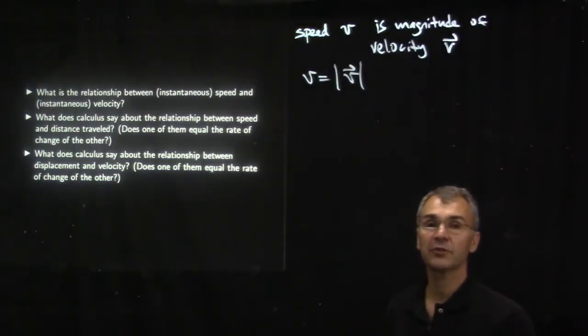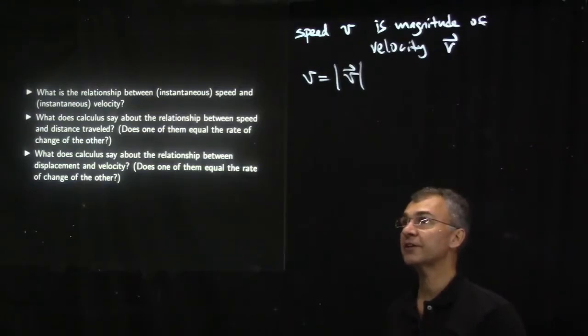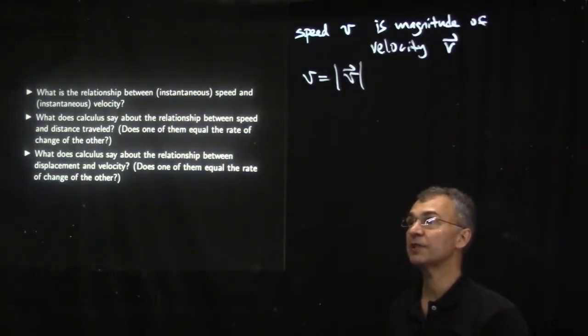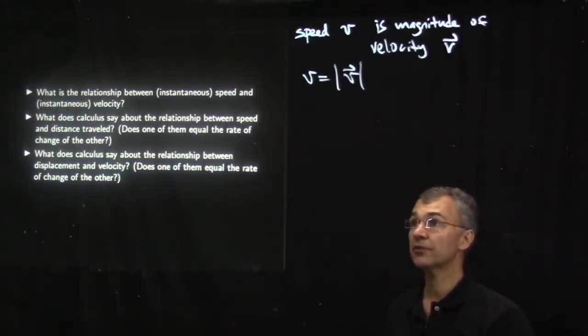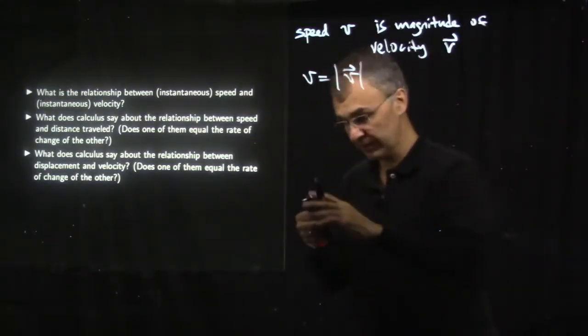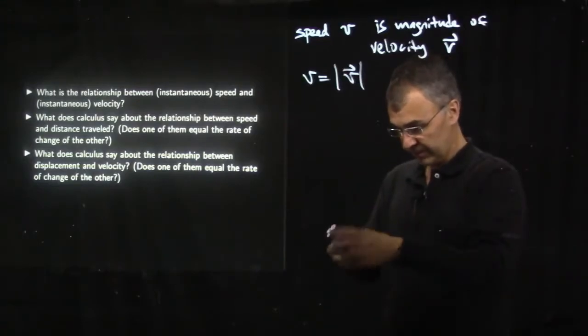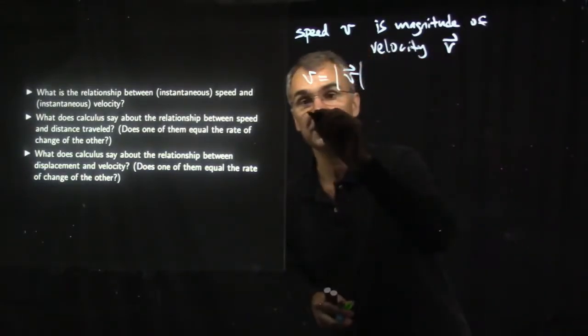And it's probably easier if we make it more concrete. What does calculus say about the relationship between speed and distance traveled? I think that speed is the rate of change of distance traveled.